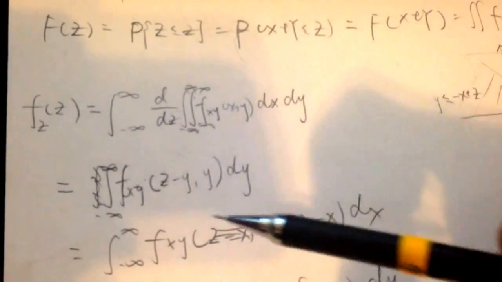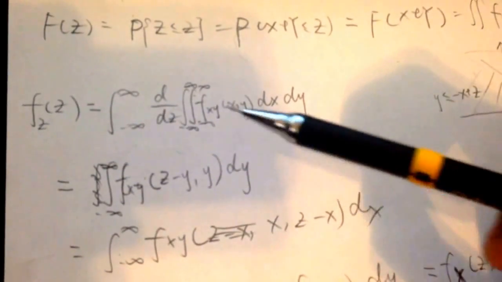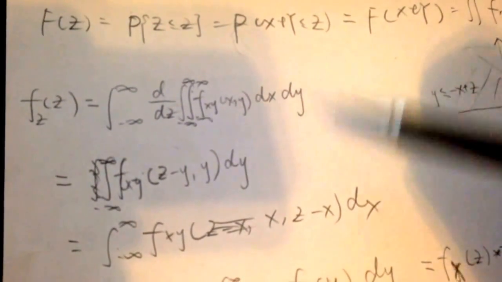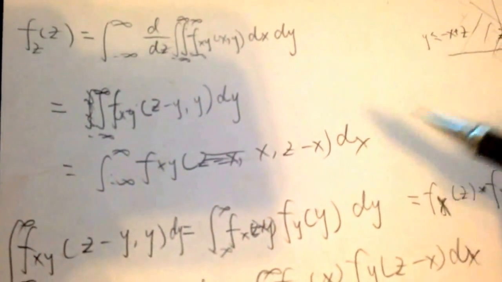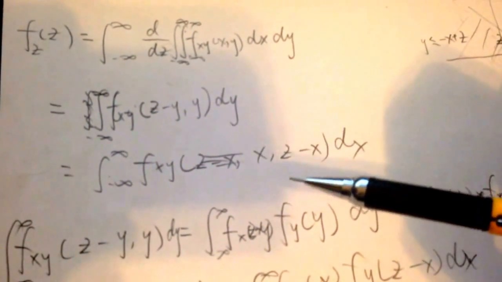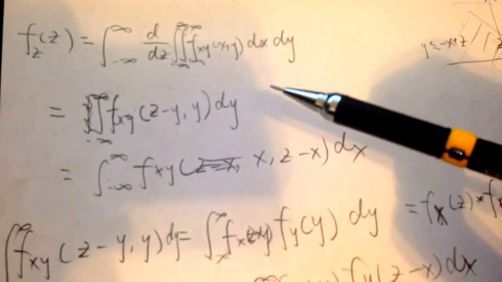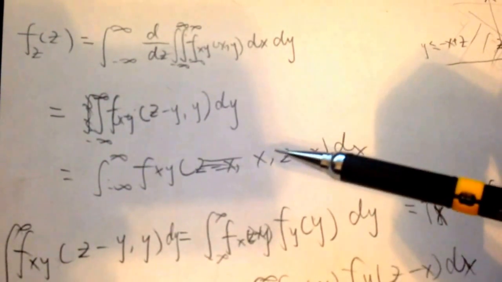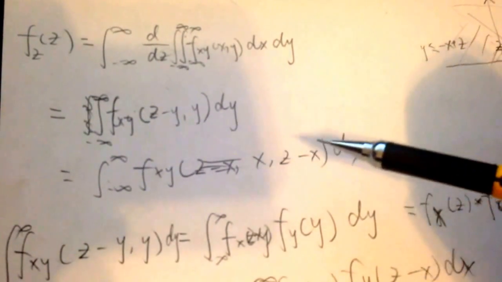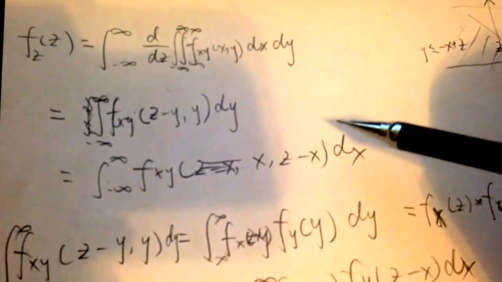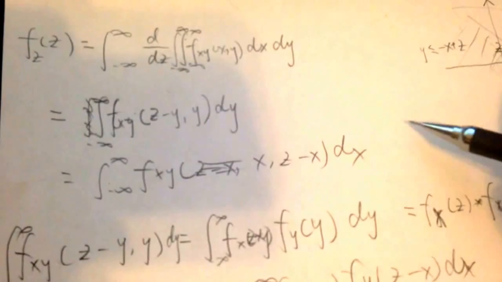So this becomes the integral over x from minus infinity to infinity of f(x,y) of x, z minus x.